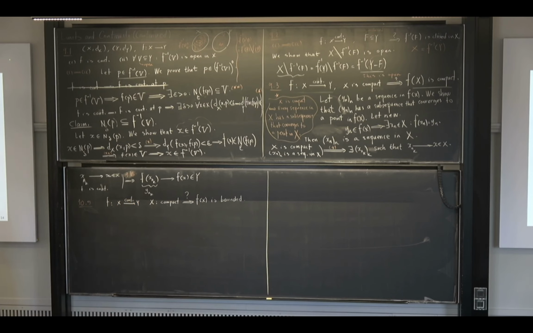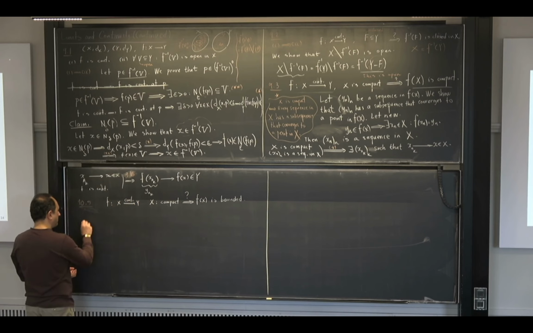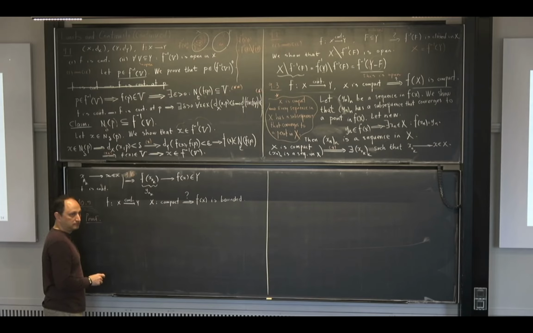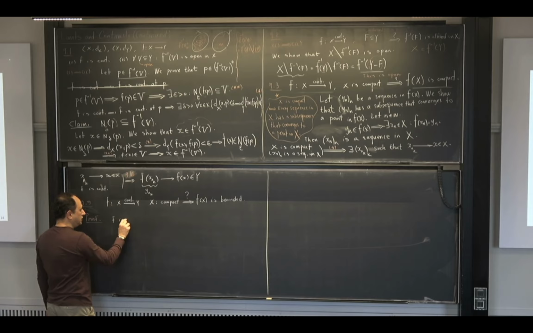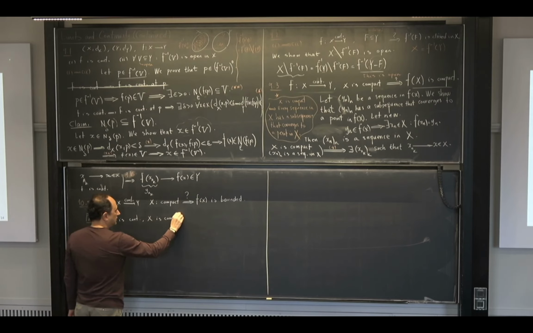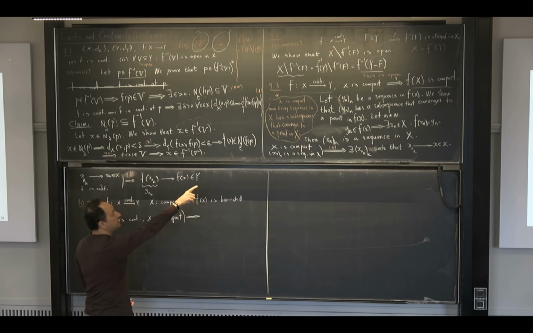Okay, can you tell me why? So the proof is very simple. Because we know that if f is continuous and X is compact, from these two what I can conclude is this theorem.